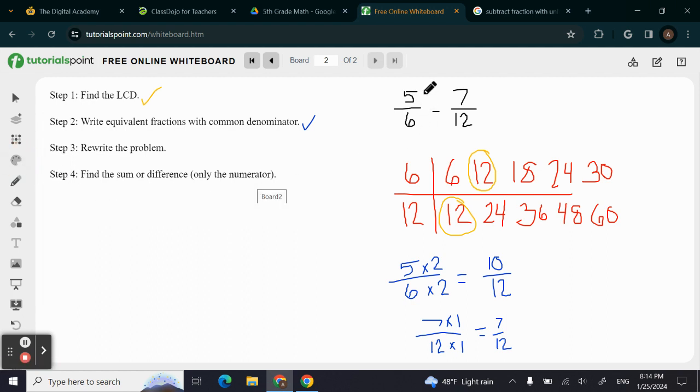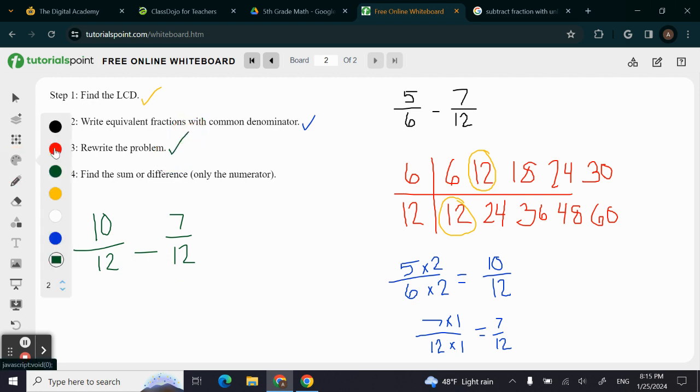So our equivalent fraction for 5 over 6 is now 10 over 12 minus 7 over 12. The second fraction is the same, 7 over 12. Rewriting the problem is done.